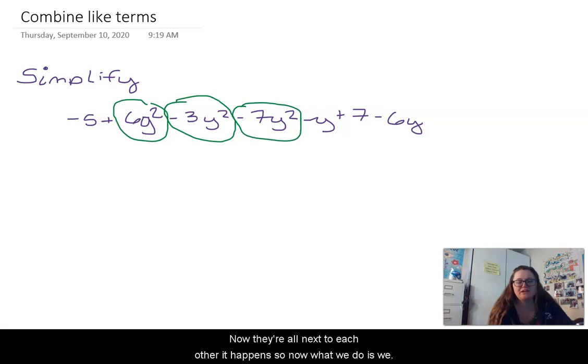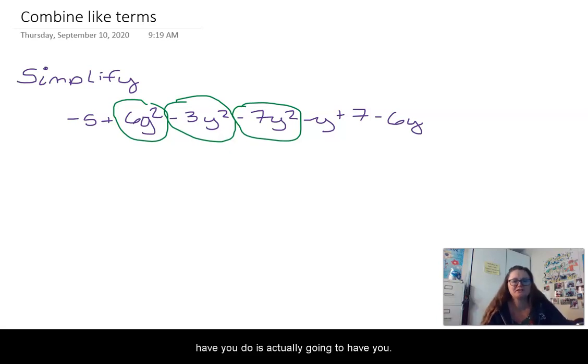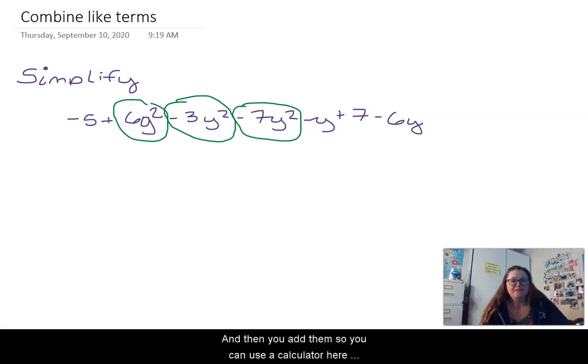Now they're all next to each other, it happens. So now what we do is we just literally combine these. Now on Delta Math, it's actually going to have you grab and pull like terms so that they're next to each other if they're not already. And then you add them.